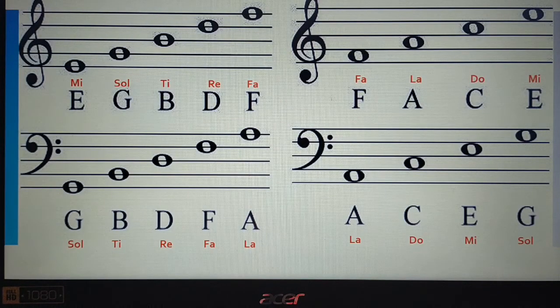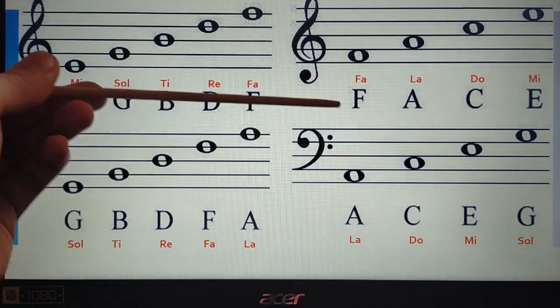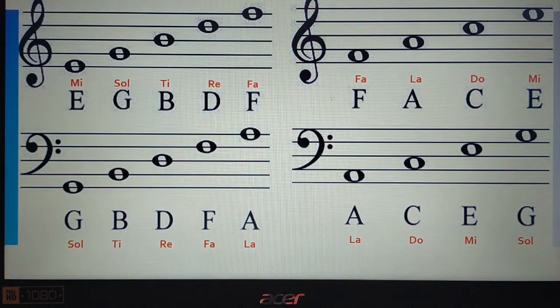So here are the different line notes and space notes of the treble clef and of the bass clef. Don't forget to familiarize yourself with and memorize the different notes, the musical symbols, and the line notes and space notes.